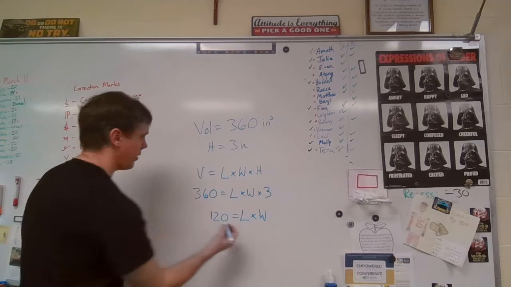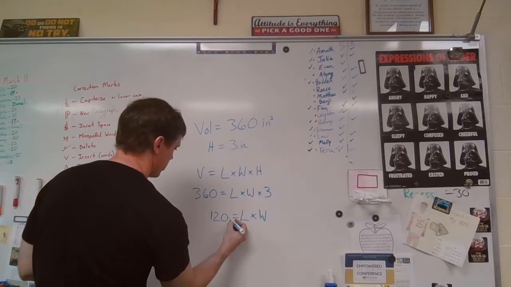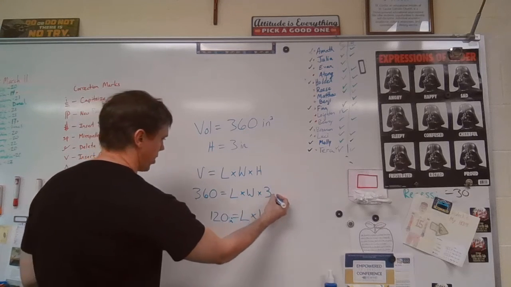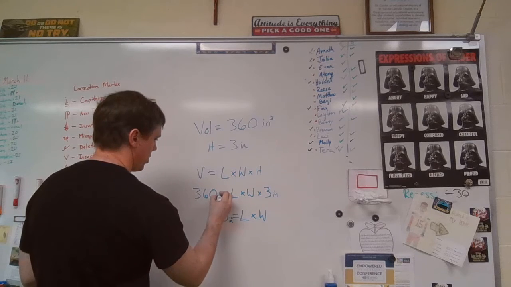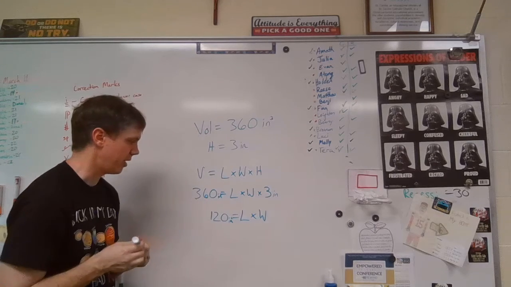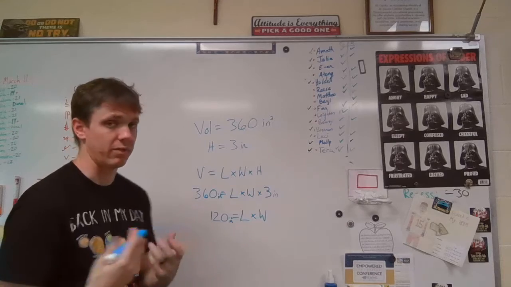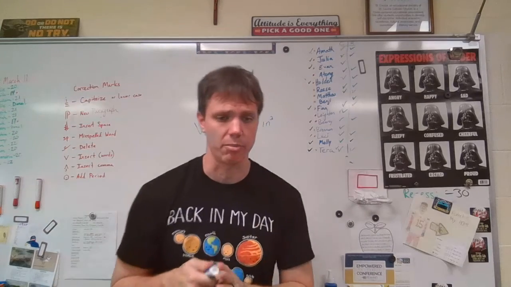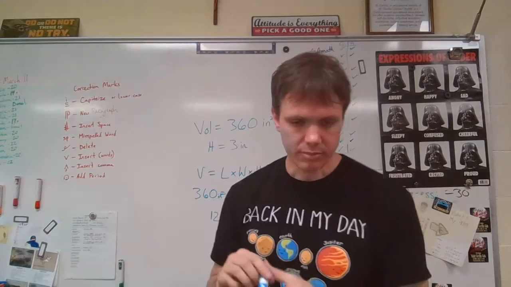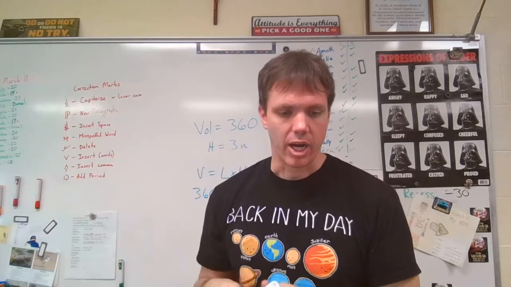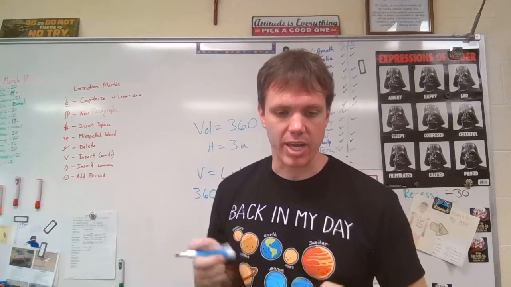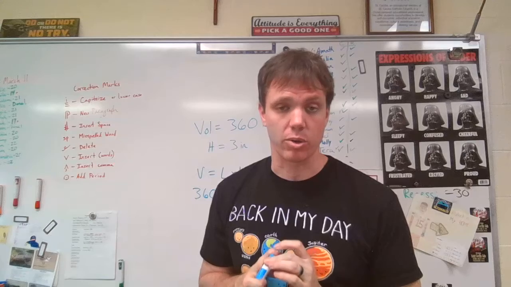Okay? And this is still inches. In this case, it'd be inches squared now because we've taken off one of the dimensions, right? So now we're basically looking for a square or a rectangular shape. Now it says no stones have a length or width of 1 or 2 inches.